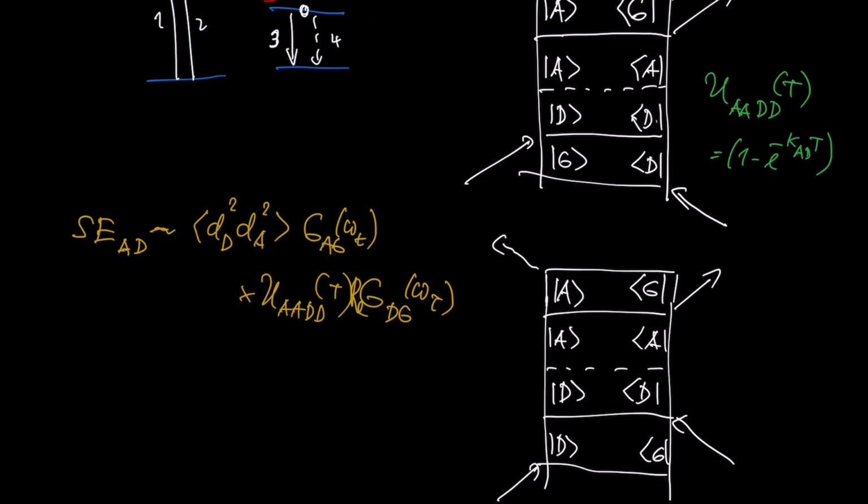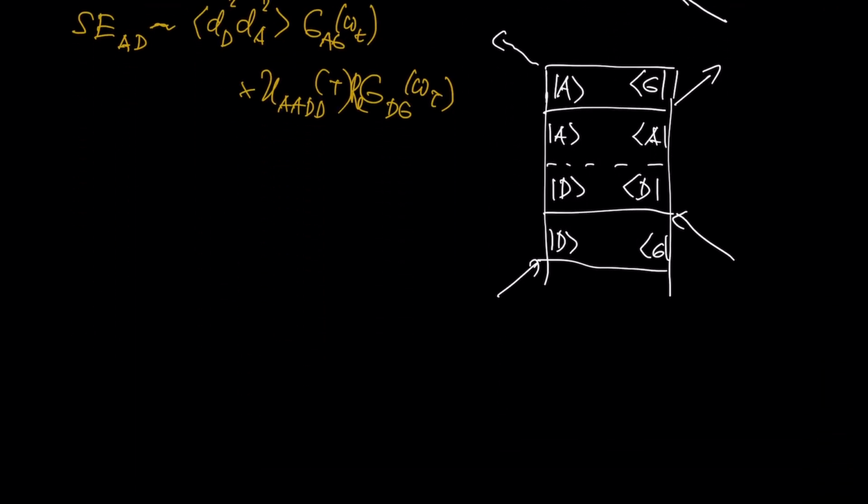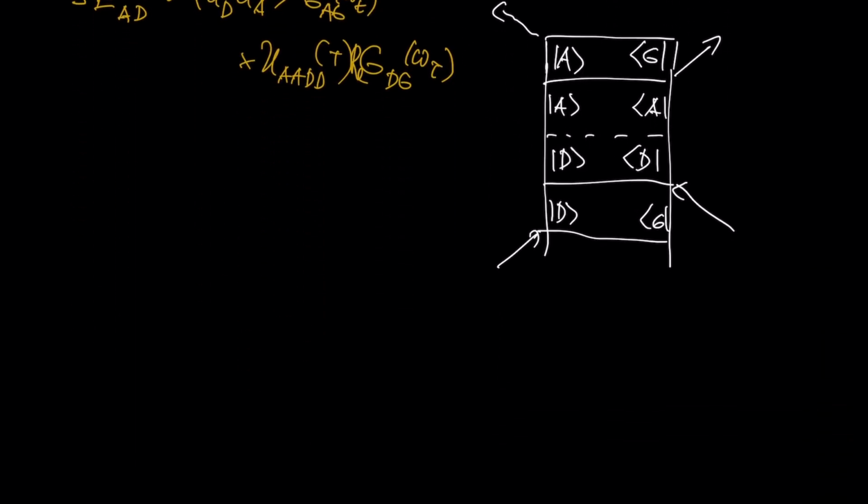But there is yet another possibility how we actually can get a signal from a very similar setting. So again, you have donor, acceptor, we excite at the donor, the energy transfers to A, and there it stays.